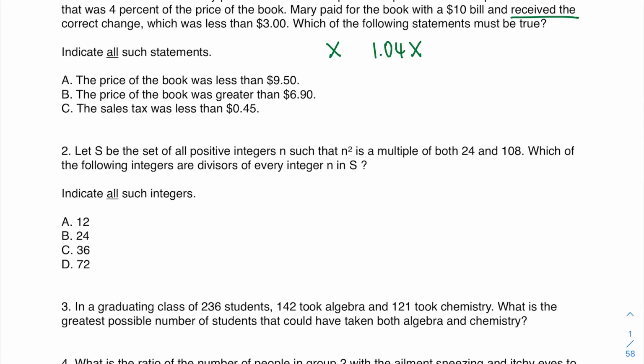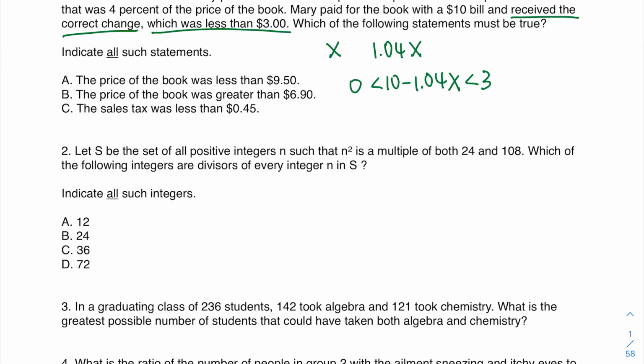According to this part of the question, Mary received the correct change, which was less than $3. So the correct change is 10 minus 1.04x, right? And this number should be higher than 0 but less than 3.